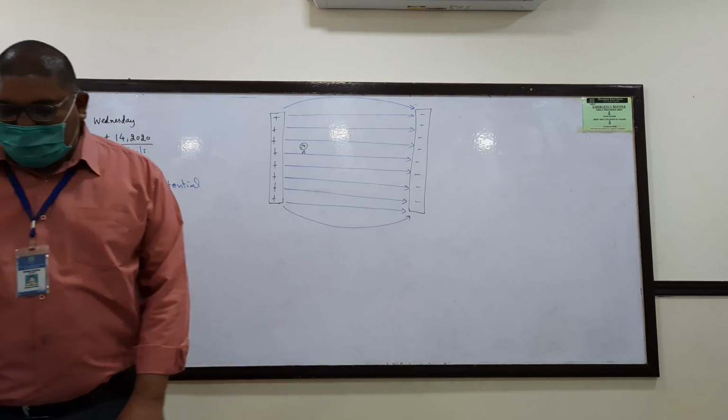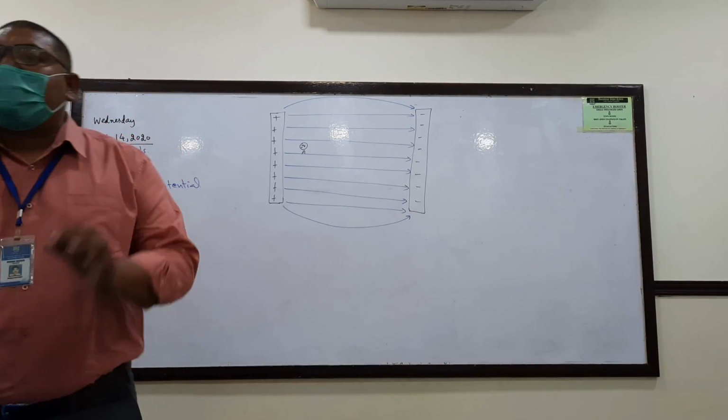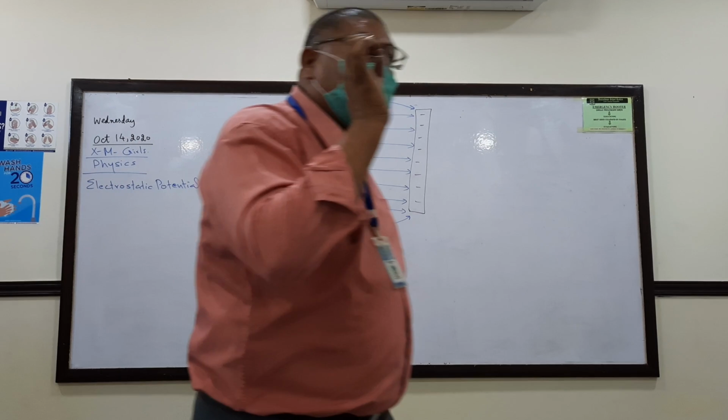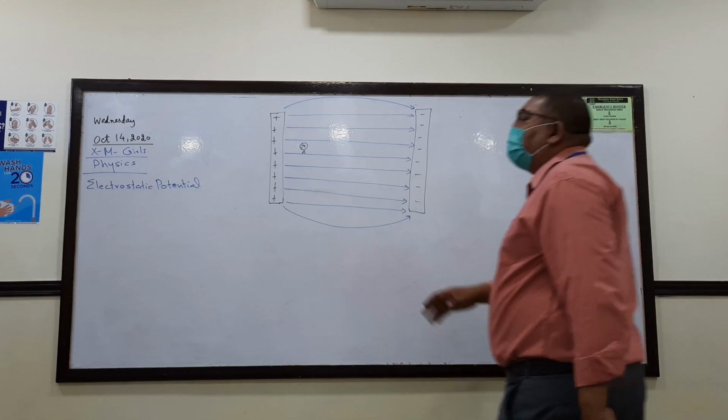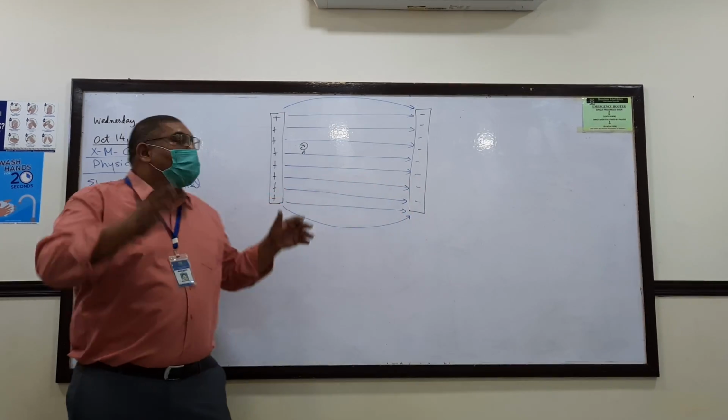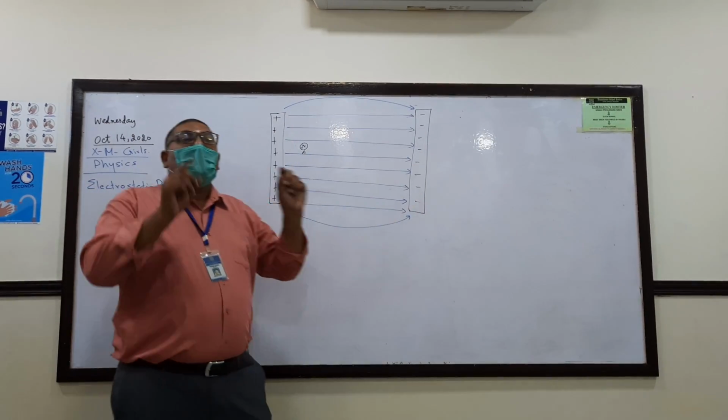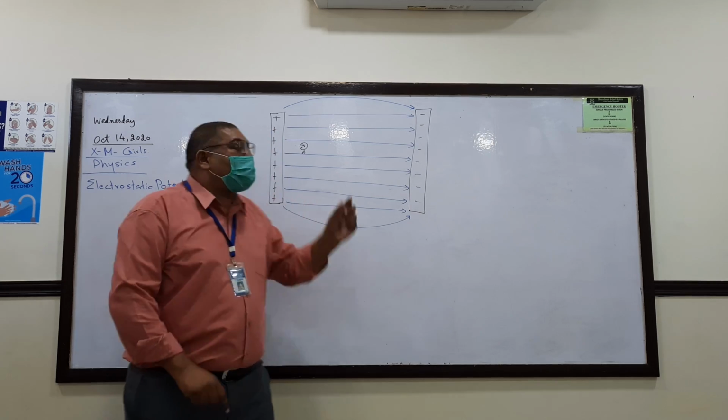And you know that the positive charge will always move in the direction of the electric field. If you put the positive charge in the electric field, for example, if the direction of the electric field is in this direction, if you put a positive charge here, it will move in this direction.